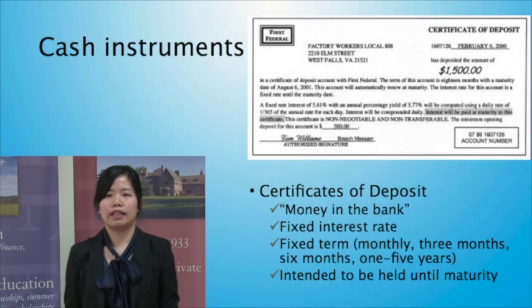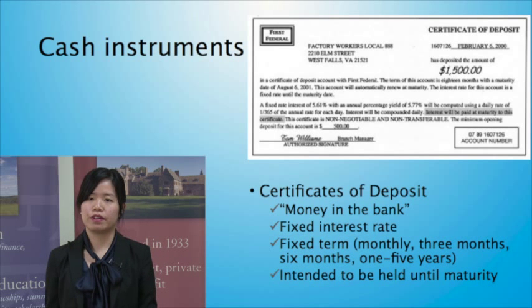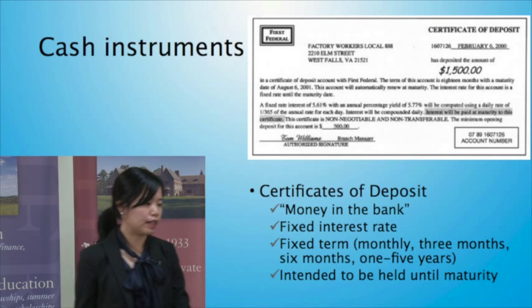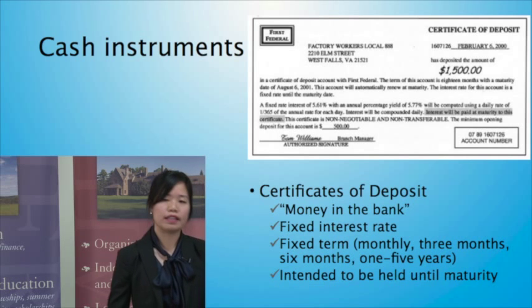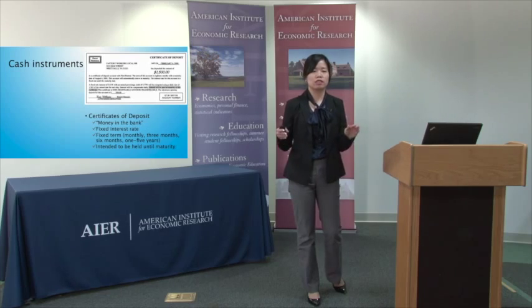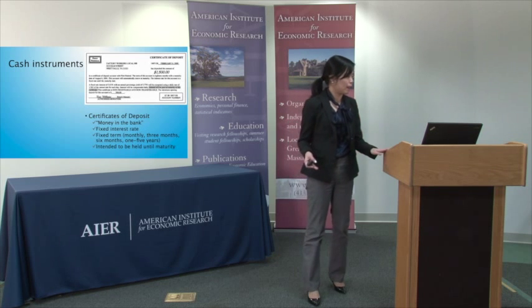It's just like money in the bank, but it's better than your checking account because it has a fixed interest rate, which is higher than the interest you get from your checking account. And it has a fixed term, like monthly, 3 months, 6 months, and 1 to 5 years. So it's relatively short-term debt.